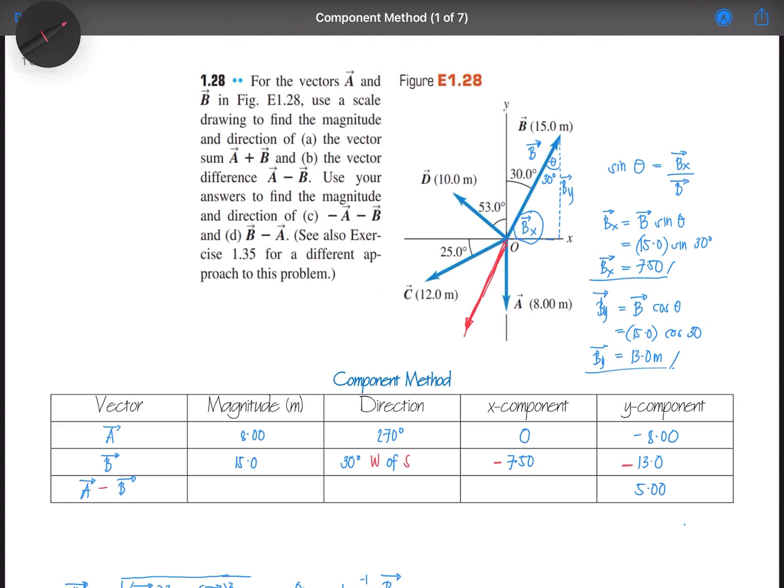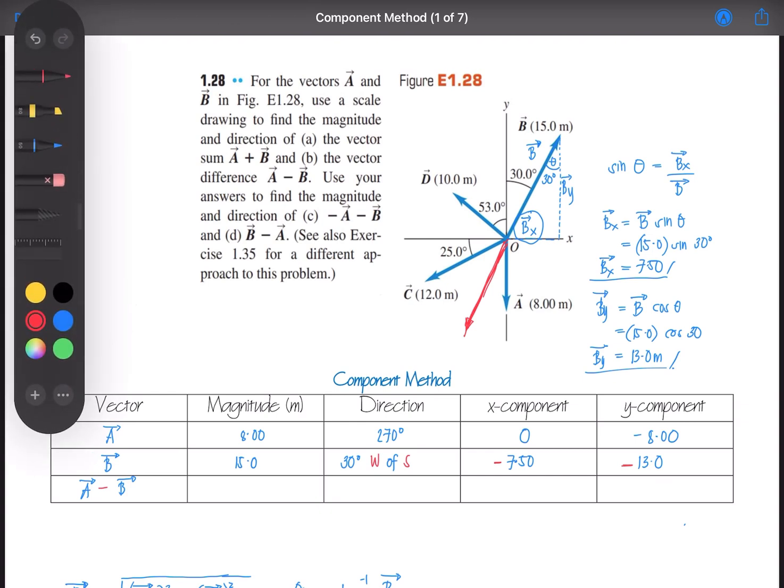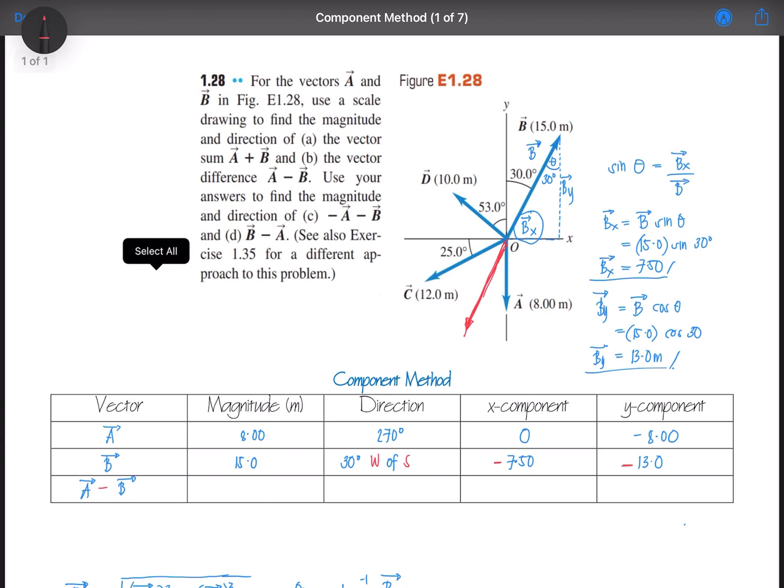Okay? So from there, what we do next is get the difference. So what is vector A minus vector B? In this case, we are going to add still, kasi ninegate na natin. If we negated that already, considering the direction, we simply add the components. But if we did not negate, we now subtract, like A minus B. It's like doing algebra, no?